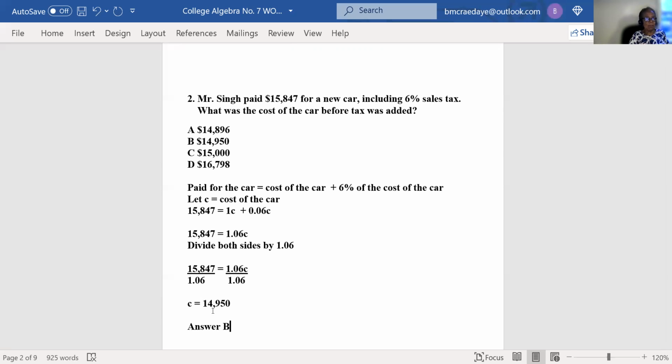You know what you paid for it: the cost of the car plus 6% of the cost of the car. So the cost of the car before the tax was added was $14,950. Okay, let's go to number 3.